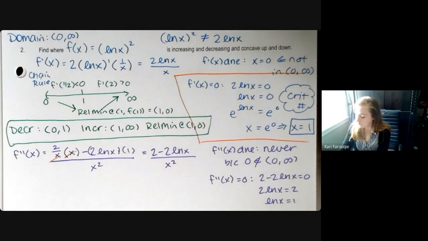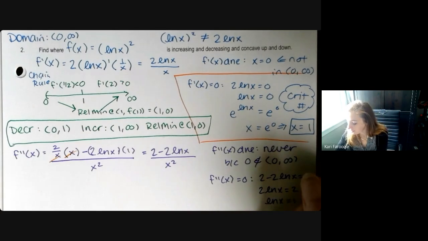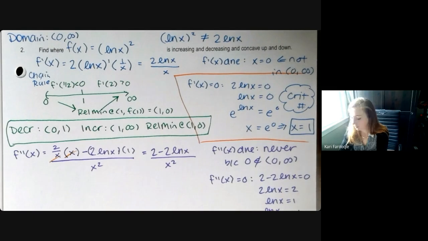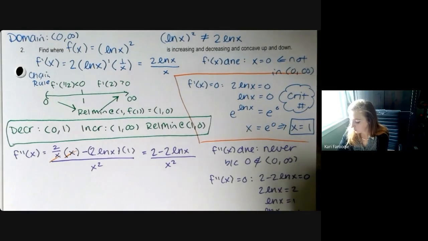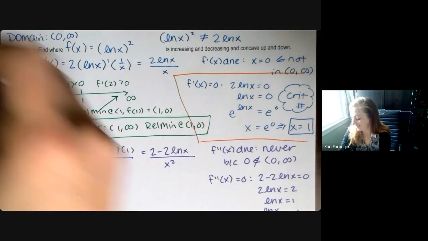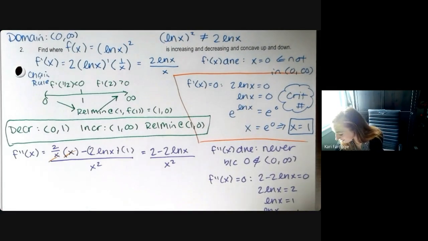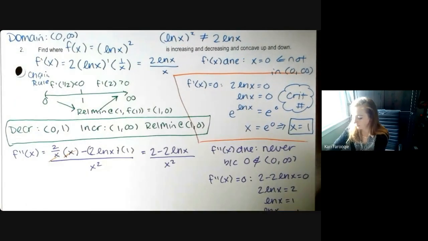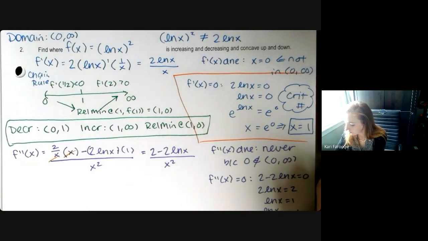Well, if you're not sure, if you're trying to isolate the x, you can, again, just make e the base on both sides. And then you'll get x equals e. Oh, my important conclusion in my paper slipped. Terrible. X equals e. This is a possible point of inflection.